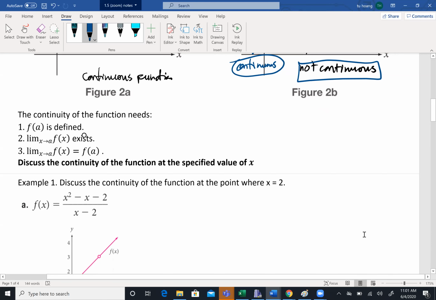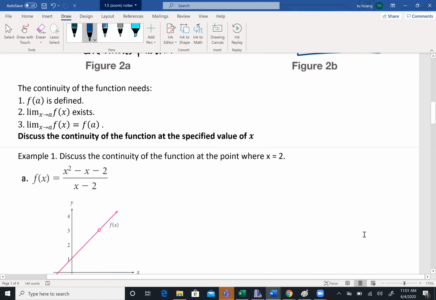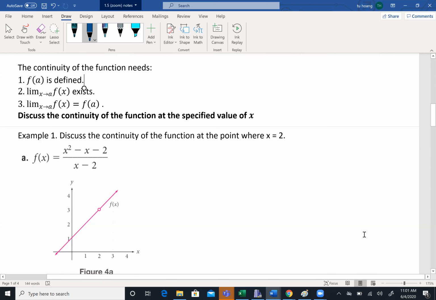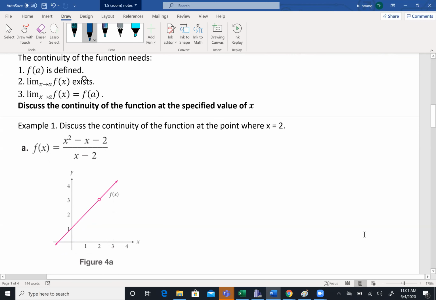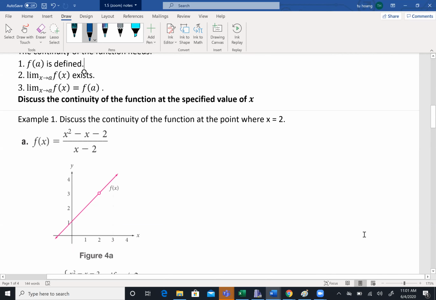Now let's do some examples. This is example 1. I want to discuss continuity of the function at the point where x equals 2. I also provide you the graph.